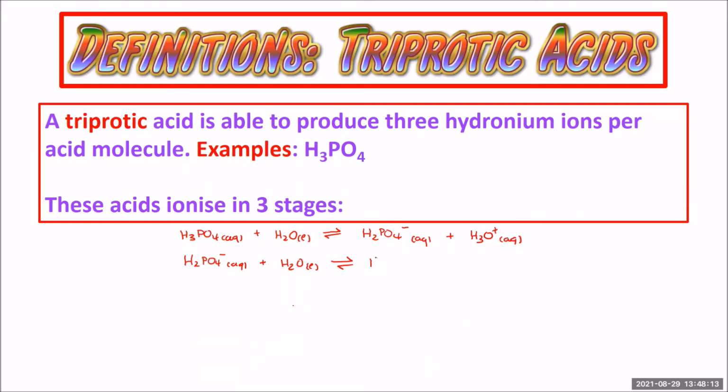It goes down by a hydrogen and down by a charge. And in the final step, the hydrogen phosphate ion, HPO4 2-, reacts with a water molecule, and that produces the phosphate ion.